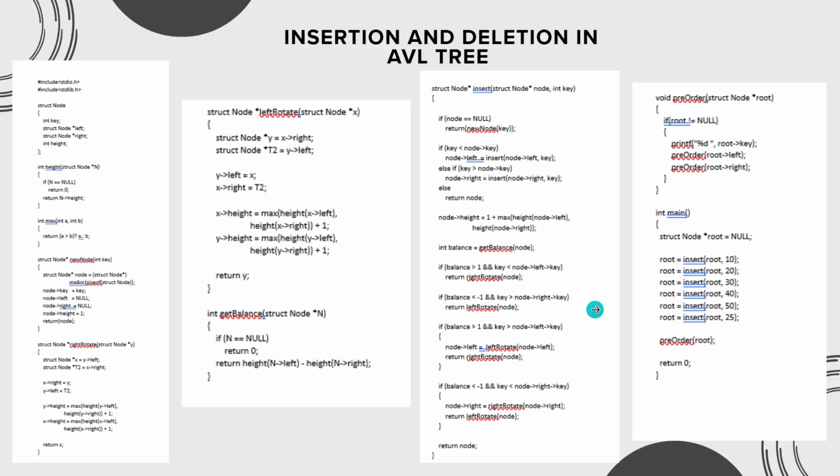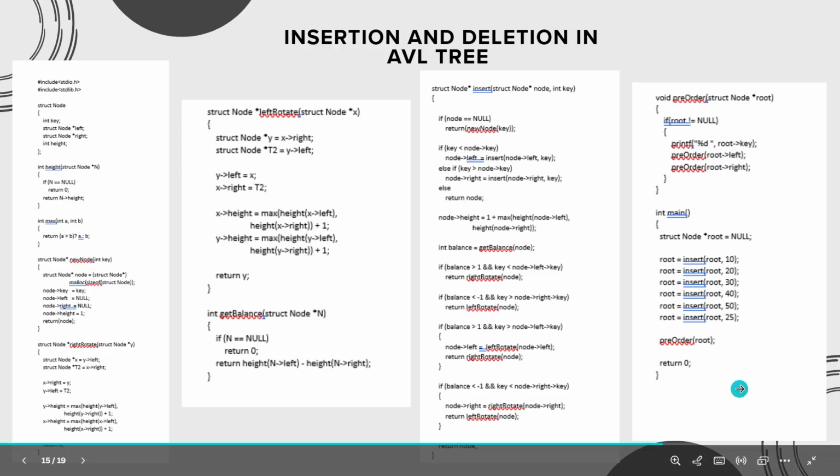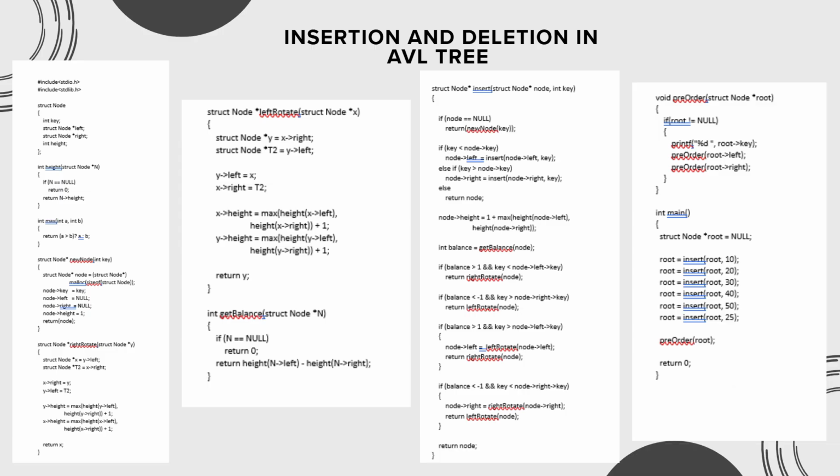The insert function is the main part. First, it does a normal BST insertion. Ang line, if node is equal to null, kay nag-check kung naa siya'y empty spot.